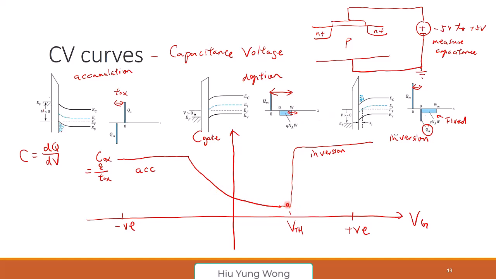Until a point, in inversion, your depletion width doesn't change anymore, but it's irrelevant because the charge you are going to put is here instead of here. So now the system only sees this isolation, this distance. That's why it goes back to C ox. Okay, got it. Thank you, Professor.